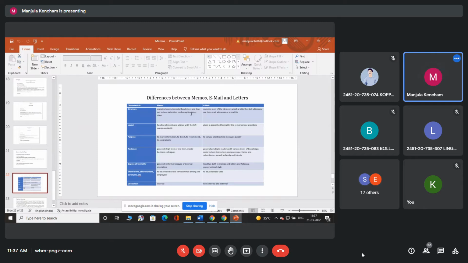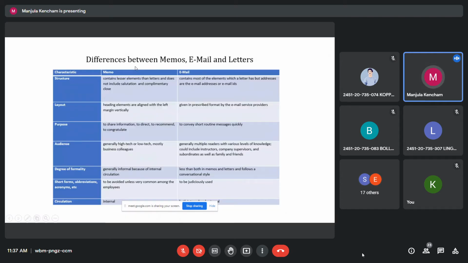That's it. Now, I would like you to have a glance at the differences between memos and emails. Please have a look at it. Sorry, memo and email. I have not included letter.